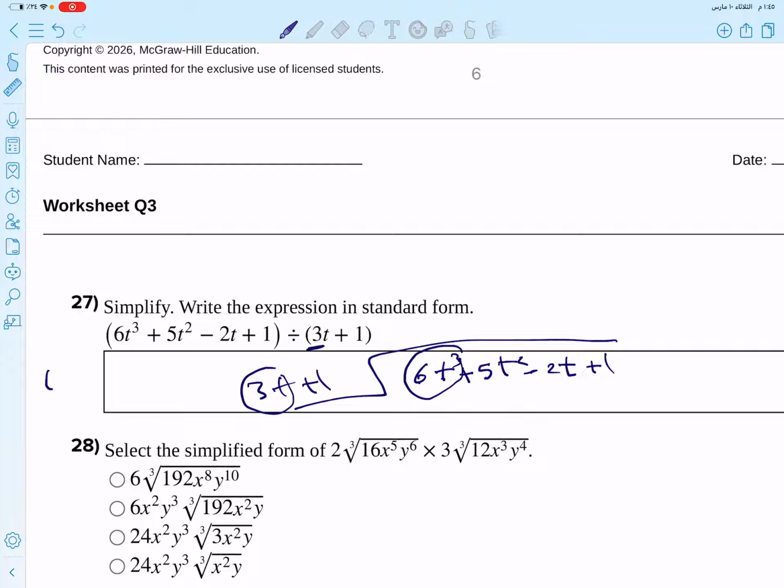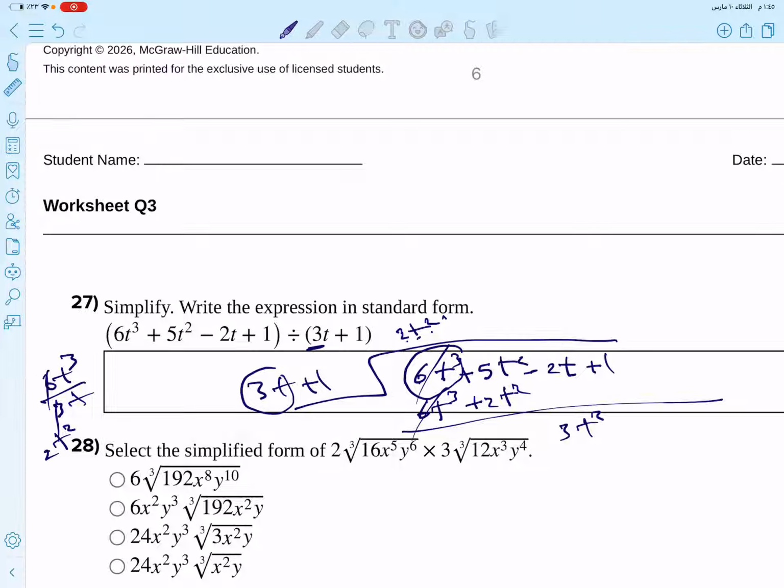Look, 6t to power 3 divided by 3t is 2t to power 2. So I start 2t to power 2. Now 2t to power 2 times 3, 6t to power 3 plus 2t to power 2. Now subtract 6 with 6.